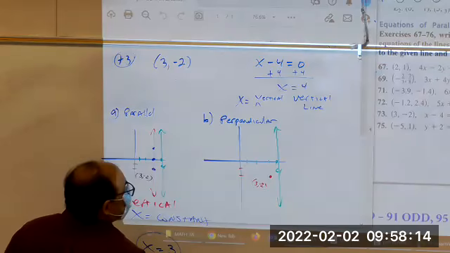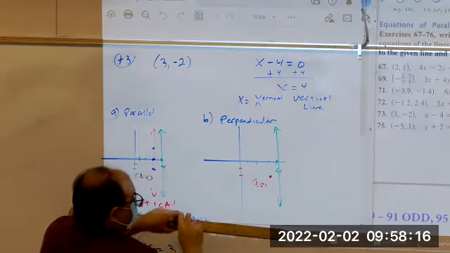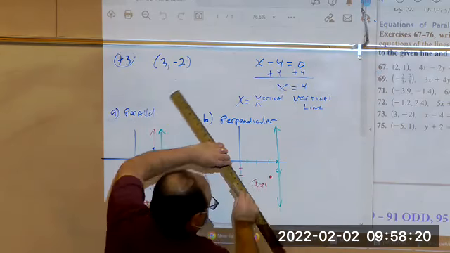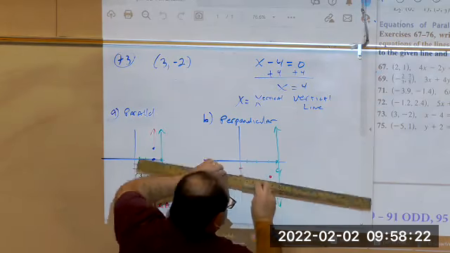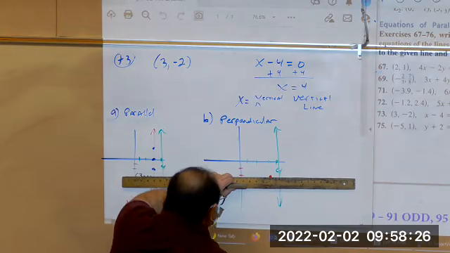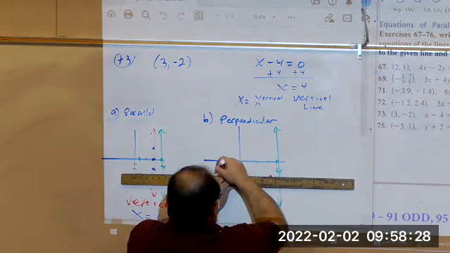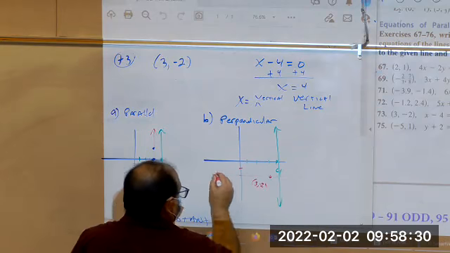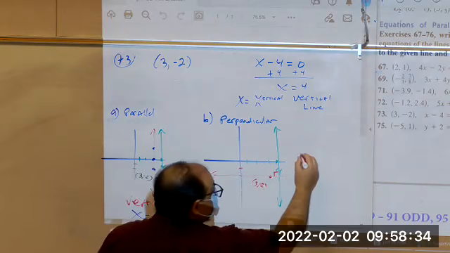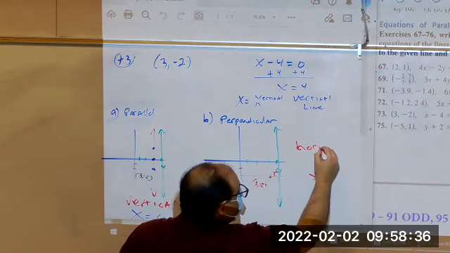And then perpendicular to the green line. Is it horizontal or will it be vertical? It's horizontal. When I draw that, there's my perpendicular. My perpendicular is horizontal.